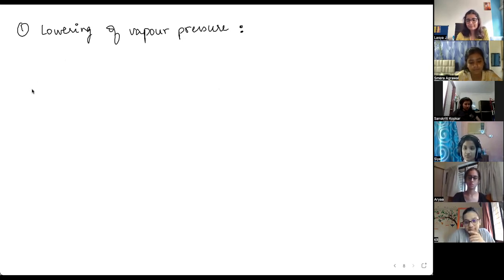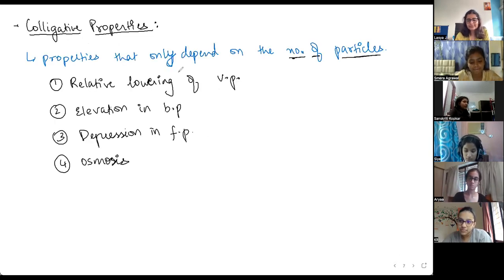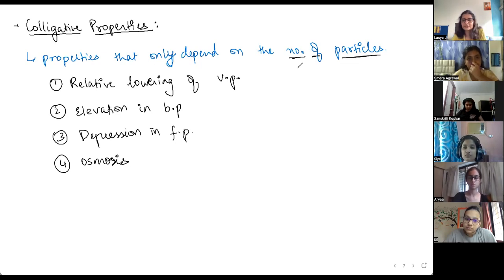Colligative properties are just a set of properties that only depend on the number of particles involved, either the number of particles of solute in relation to the number of particles in solvent. That's a very twisted way of saying basically the concentration or composition.